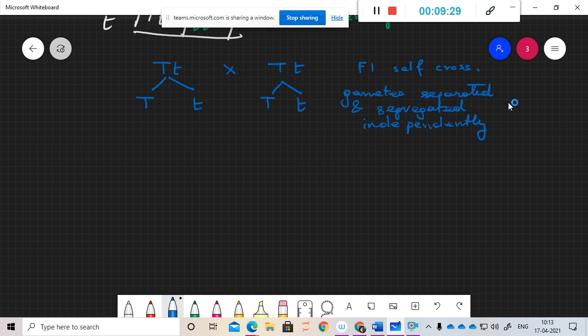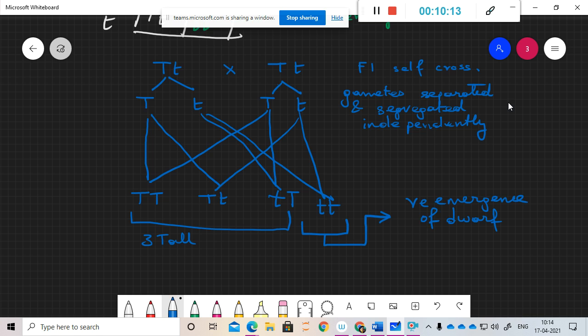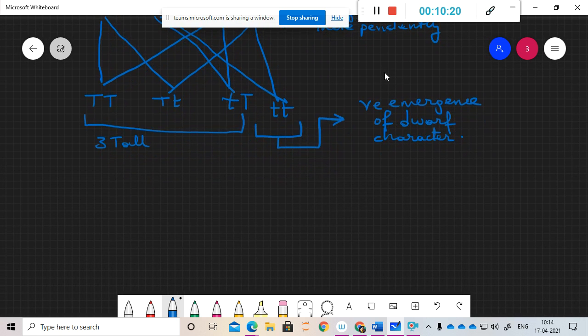And because of this segregation, you had 3 tall and the re-emergence of the dwarf character.